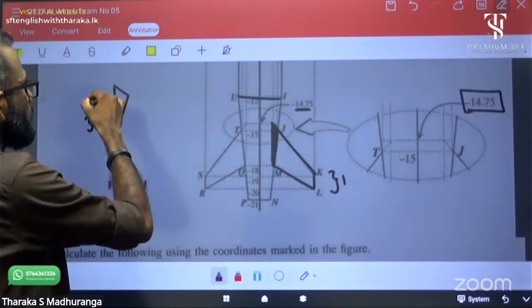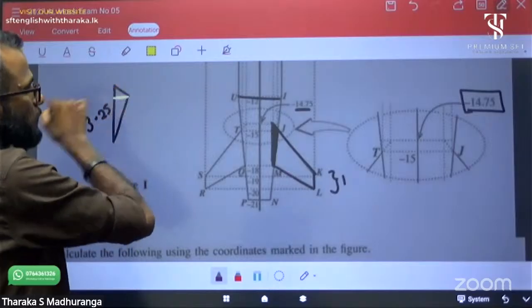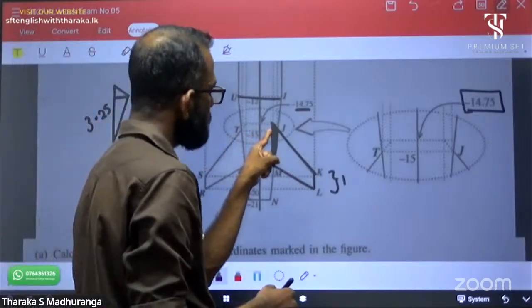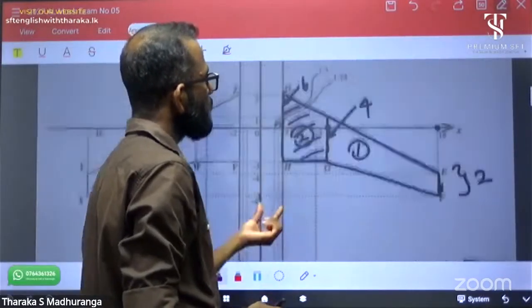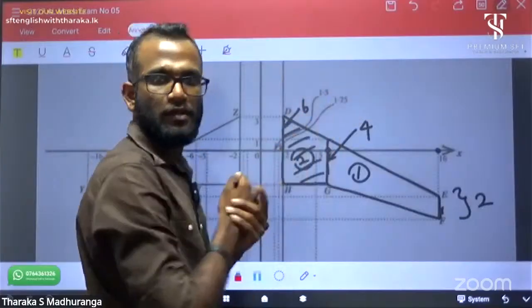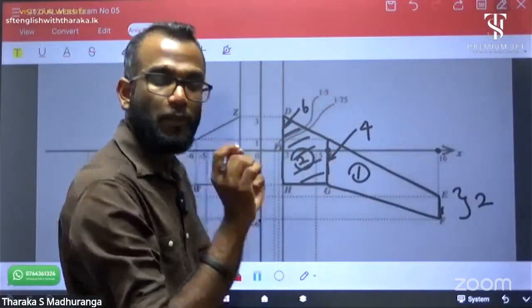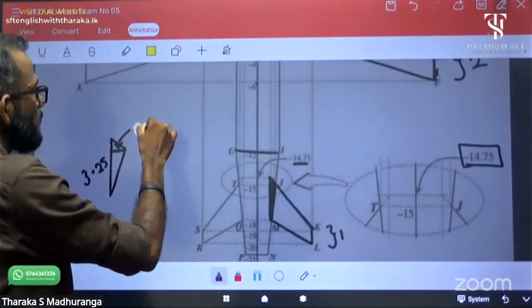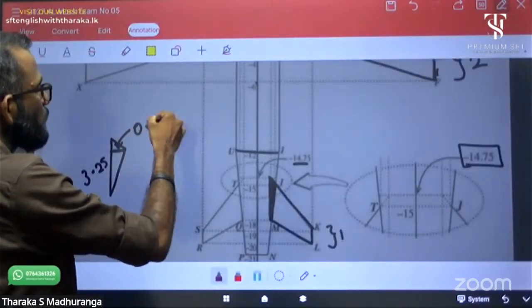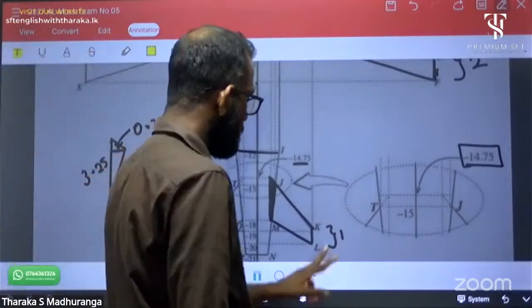The base is 3.25. And what is the perpendicular height? Perpendicular height means this point to this point. It is given by the coordinates 1.5 and 1.75, so it is 0.25. Perpendicular height 0.25. Now you can get the area of the triangle.